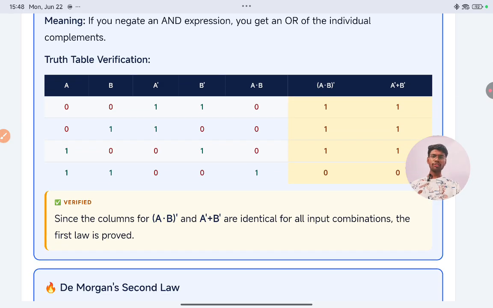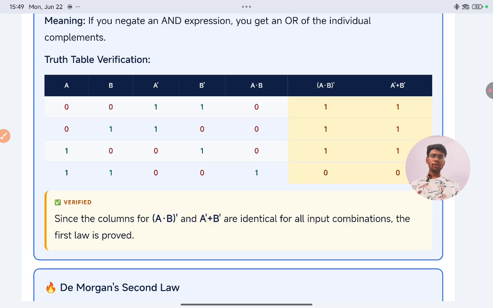These are the truth table verification. A complement, B complement, and A dot B are here, then (A dot B) whole complement. You can use it to verify this: 0 0, 0 1, 1 0, and 1 1. And what it becomes for A complement and B complement.